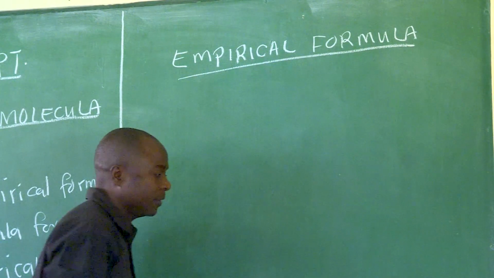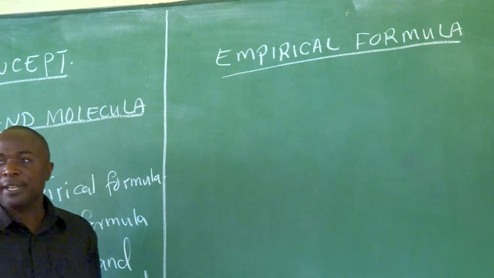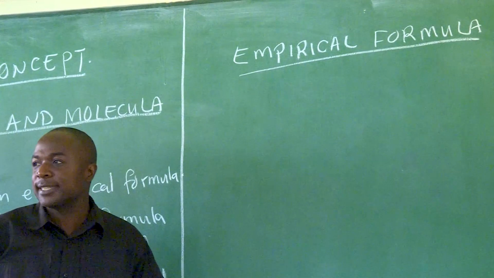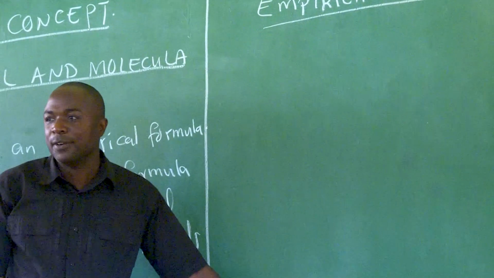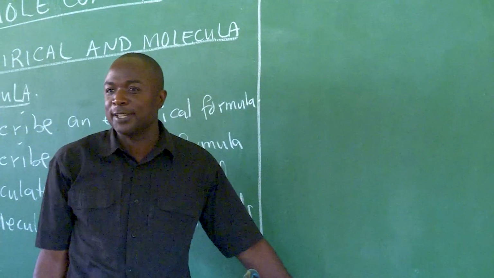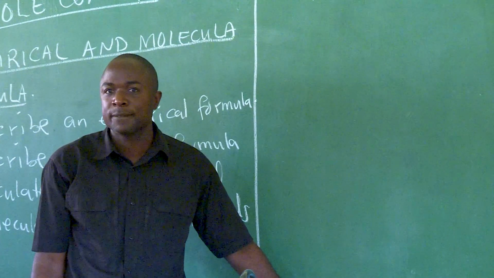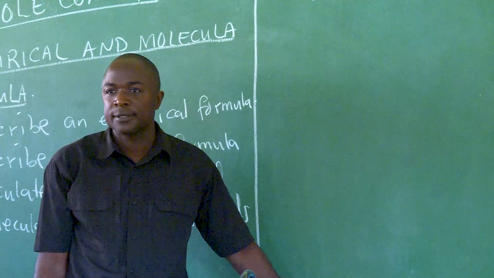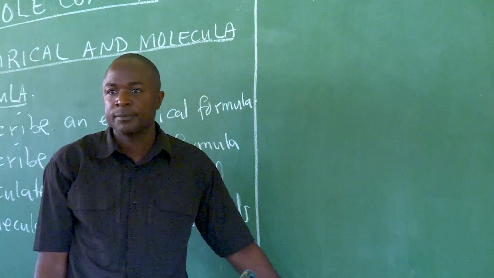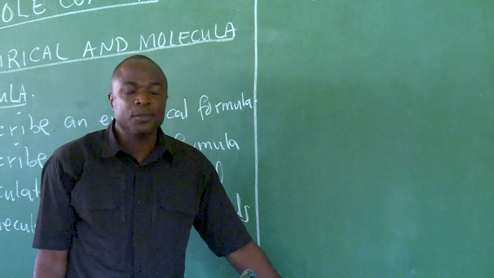Empirical formula. What is an empirical formula? Yes, Tantola? An empirical formula is a formula which shows the smallest ratio of atoms in a given compound. Very good.